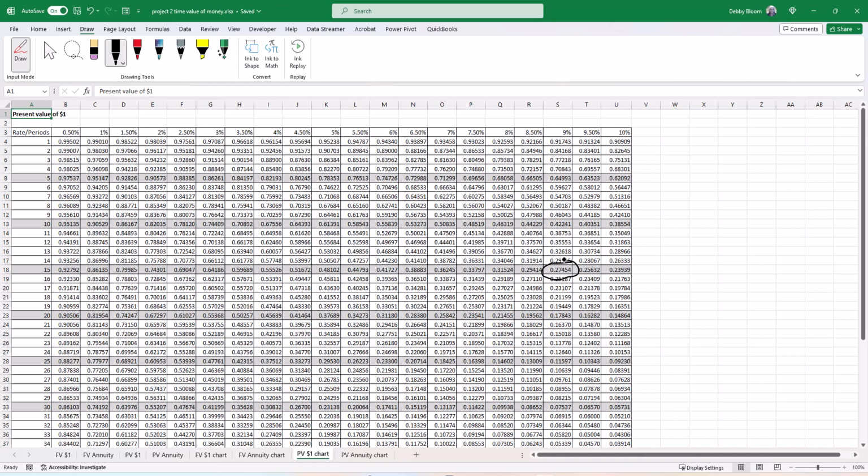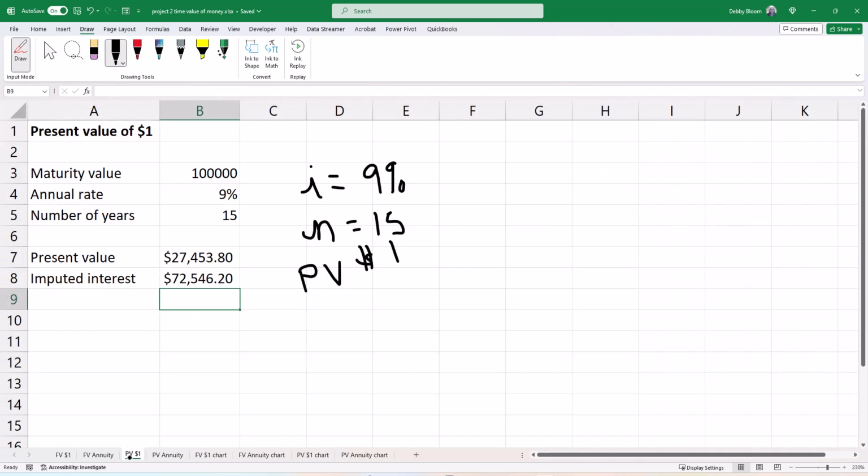So I'm going to click back on my present value of $1 tab, my factor. My factor from the chart is 0.27454.